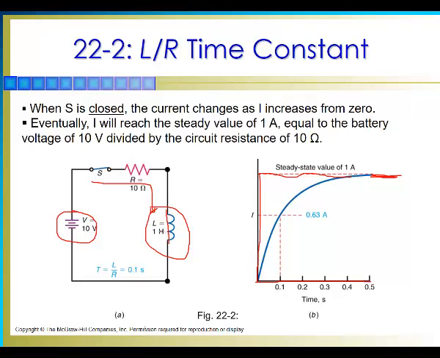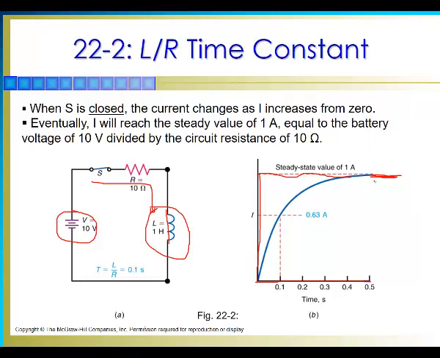Okay, this is DC. The only time this is going to react is when you turn the switch on or you turn on the circuit, and the current will change. Instead of going automatically to 1, it will take a little bit of time to get there because of the reaction of this inductor to the change in current, from 0 to 1. Once it gets to 1, because this is DC, it will remain at the same value.